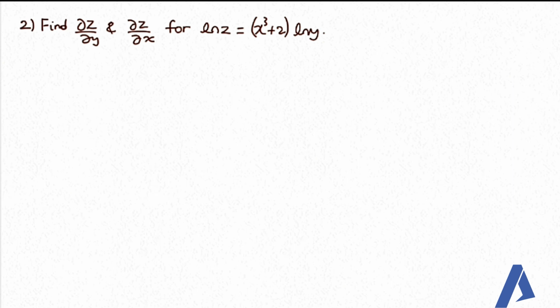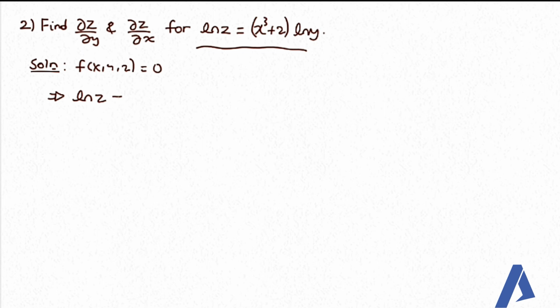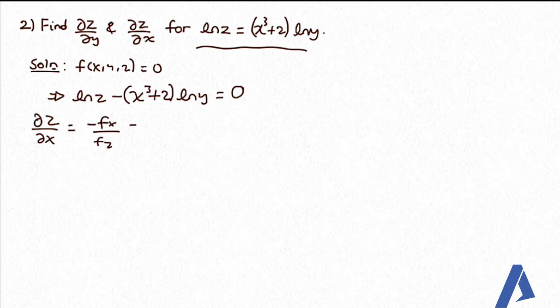For 3 variables ደግሞ ይሄ ፈንክሽን ተሰጥቶናል። ስለዚህ ምን ማድረግ አለብን? In terms of f of x y z is equal to 0 ማስቀመጥ አለብን። ስለዚህ this implies that ln z minus x cubed plus 2 multiplied by ln y is equal to 0። ስለዚህ በዚህ ፎርም ተቀምጠልን ማለት ነው። ስለዚህ first del z by del x እንፈልጋለን which is equal to minus fx over fz.